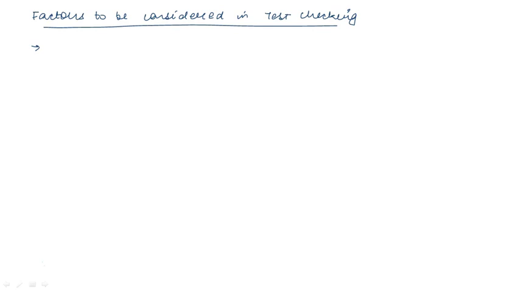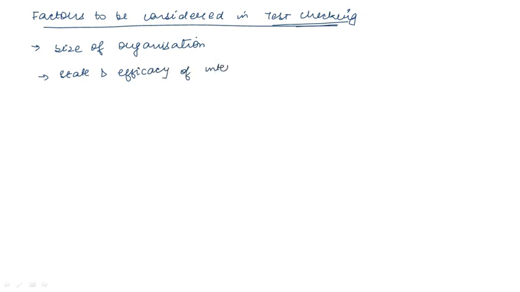So factors, that means whenever you are going to frame a plan for test checking, what are the things which are required to be kept in mind? The very first is size of organization for which this test checking is required to be done. Next is state and efficacy of internal control.